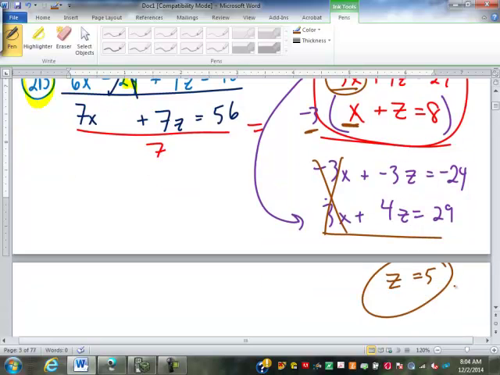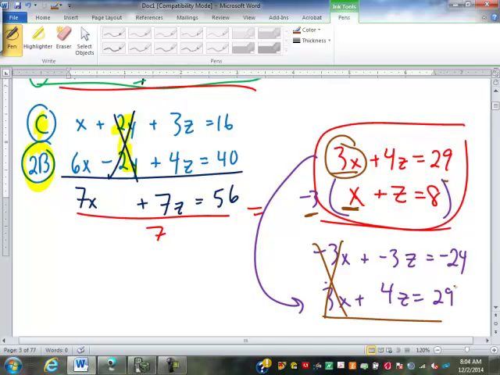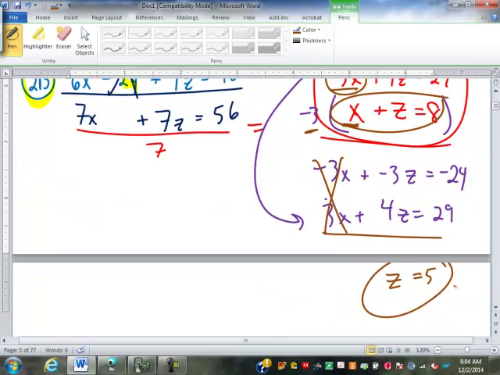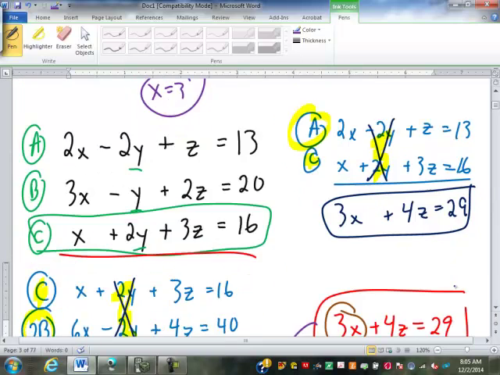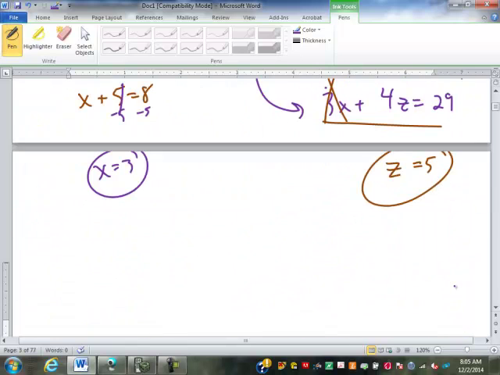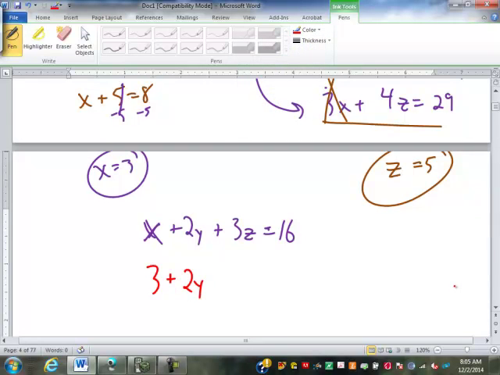So once I know that z is 5, we've got to find x and y. So I'm going to go back to this equation here. x plus z becomes x plus 5 equals 8. Subtracting 5 gives us x equals 3. And then go back to one of the originals. x plus 2y plus 3z equals 16. x is 3. We're looking for y. z is 5.